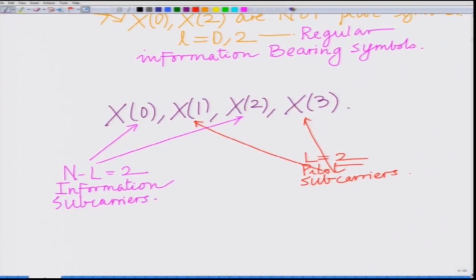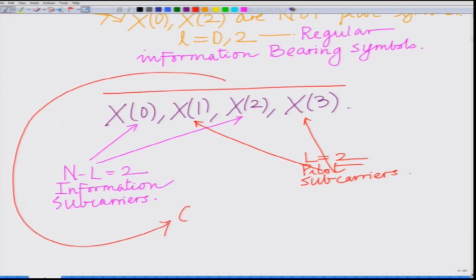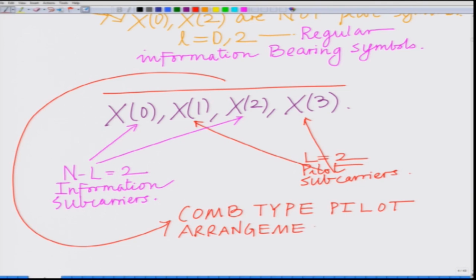Such a transmission is known as comb type pilot arrangement, or comb type pilot transmission.